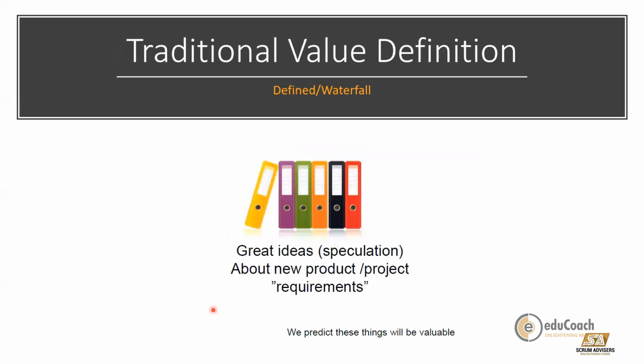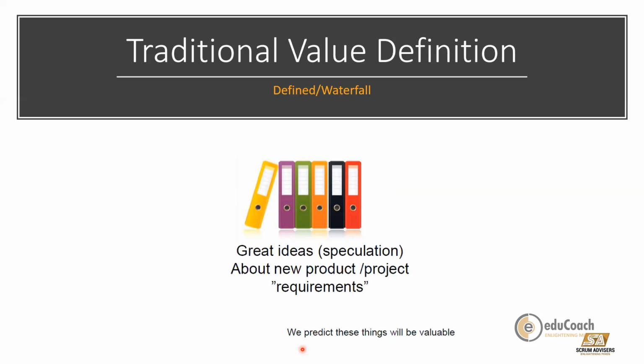How can we predict the values at an early point of the project and say, these are the things which are going to be valuable, these are the features which are required and which have to be added in a project, which is supposed to be rolled out maybe 1 year or 2 years down the road? It does not make sense.